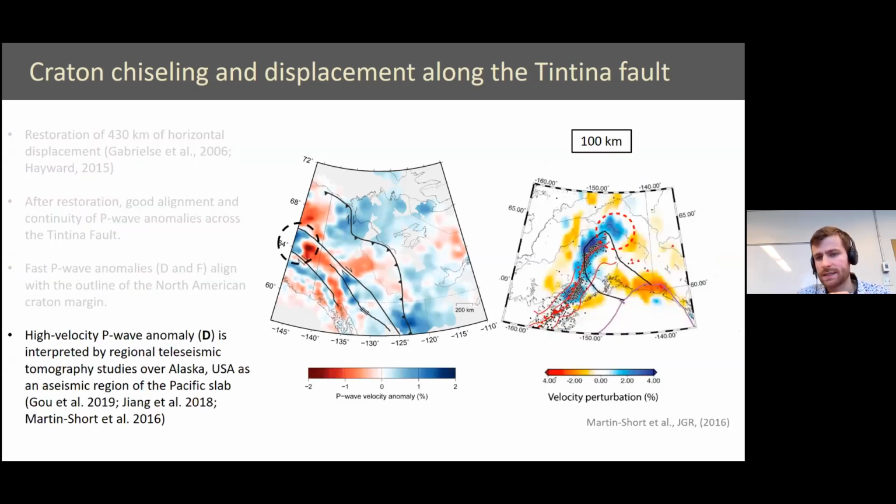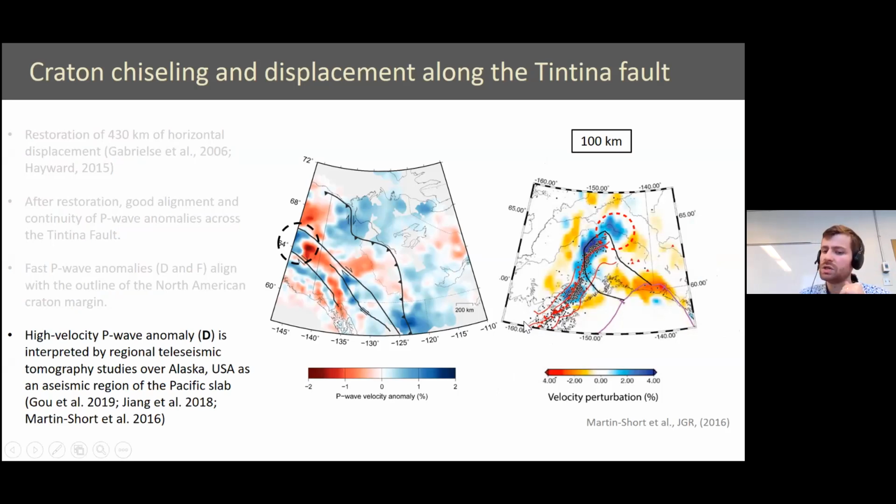So this high velocity P-wave anomaly that's located here, labeled D, that is currently in eastern Alaska, has been observed by regional teleseismic tomography models over Alaska. That's a model from Martin-Short et al. in 2016 in JGR.